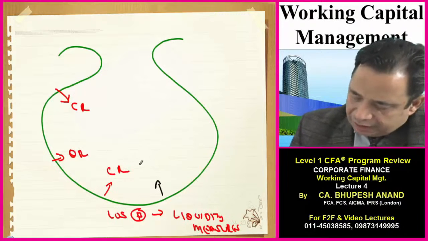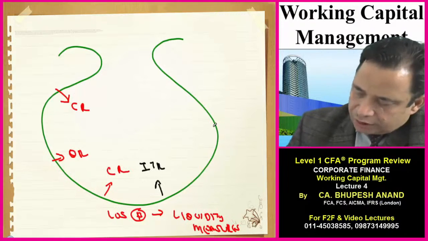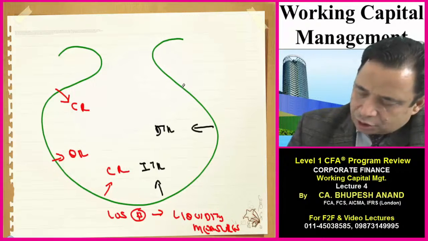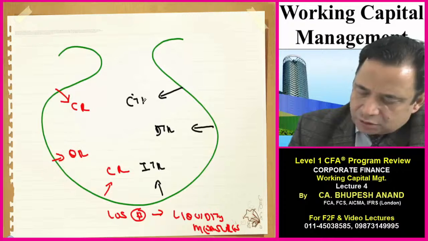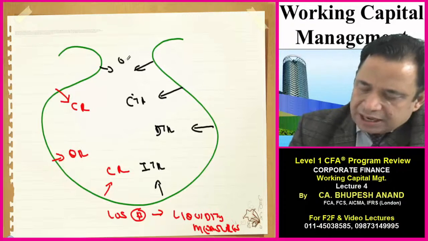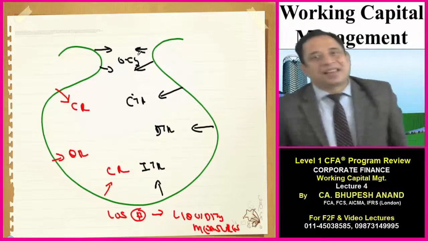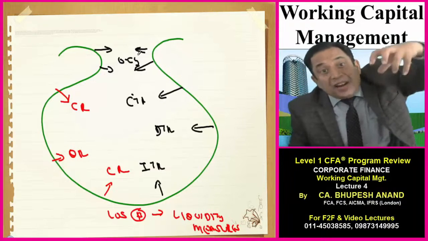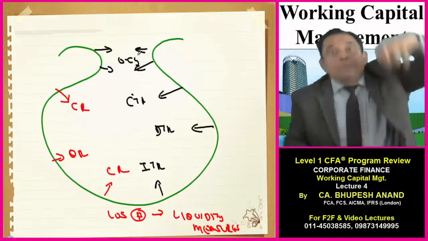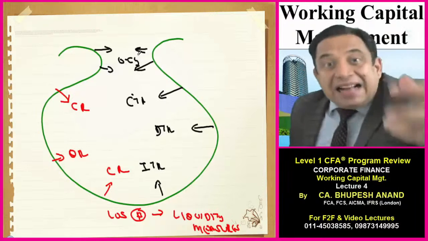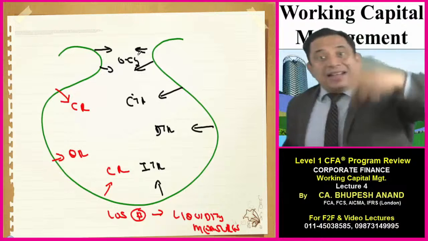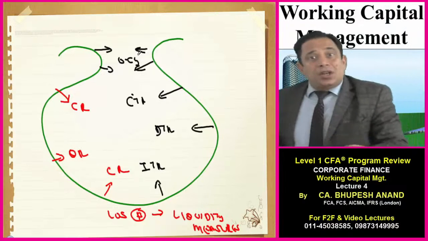Fourth is the inventory turnover ratio, fifth is the debtor turnover ratio, and sixth is the creditors turnover ratio. And seventh, I will be telling you the operating cycle: the total operating cycle and the cash operating cycle. With the help of these 7-8 ratios, I can easily find out whether this company has possible liquidity or not.